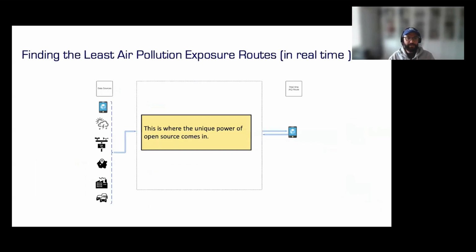And in order to build this target machine learning platform to solve this problem, we will focus mainly on the unique strength and power that open source brings.